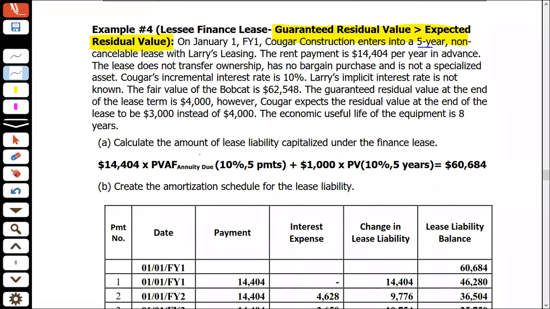So first of all, we're going to calculate the amount of lease liability capitalized. So we still have, as we did before, the lease payment, which is just the rent payment, times the present value of annuity factor due, 10%, 5 payments. Now here, it's the guaranteed amount, the guaranteed residual value, minus the expected residual value.